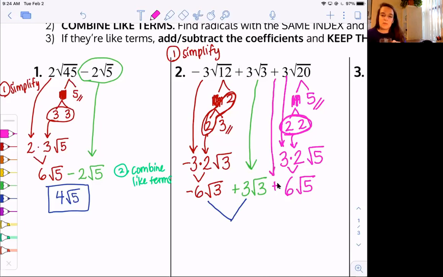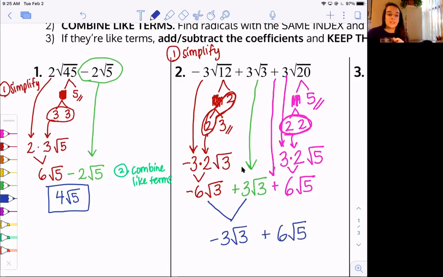Okay, so -6 plus 3, what is that going to make? -3. Right, so -3 square root 3. And then I'm going to bring down this plus 6 square root 5.